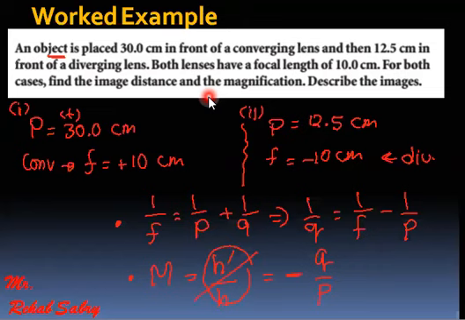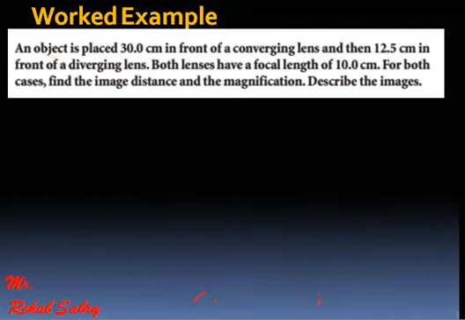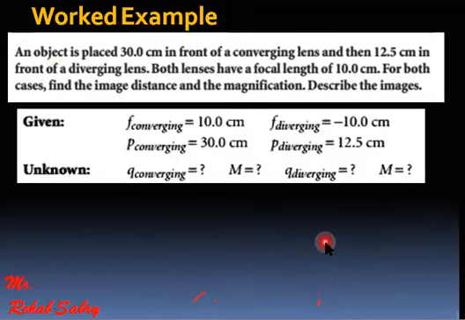Negative is in the formula. Q will be substituted with its sign, positive or negative, and P will be substituted with positive, as we said. To see the calculations of this problem, these are the givens here.